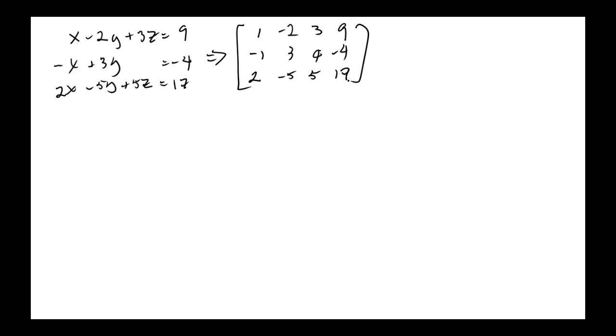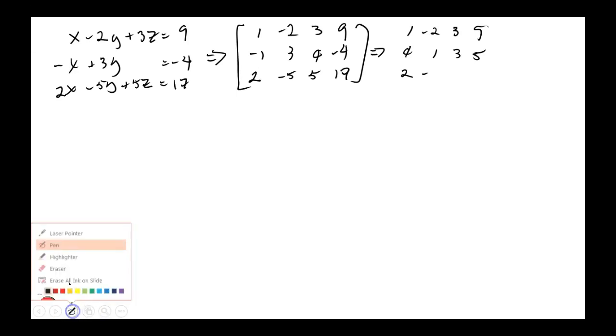Okay, and then we proceeded to do row reduction. So this became 1, negative 2, 3, 9, 0, 1, 3, 5, and 2, negative, well, let me go on and do the next step too, rather than writing down so much over and over again.